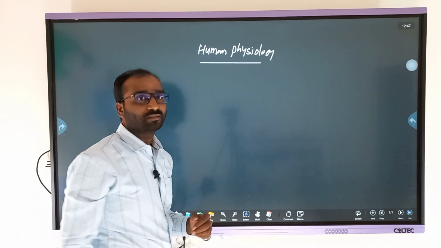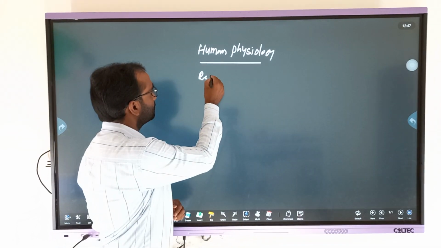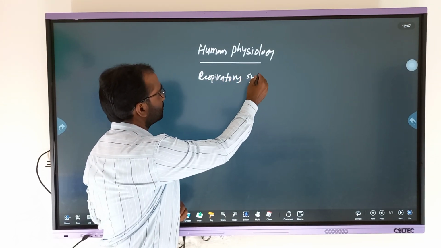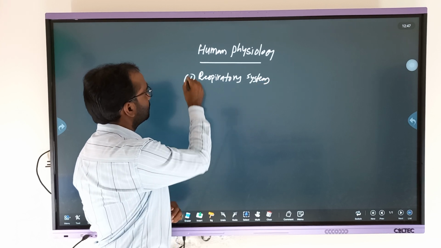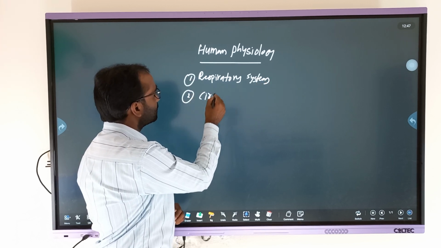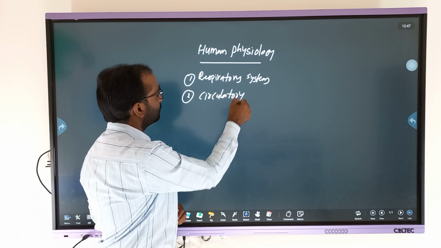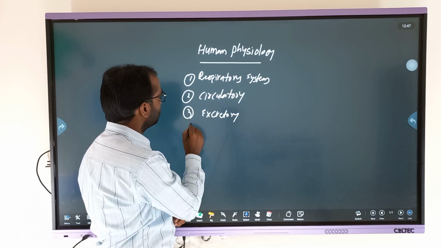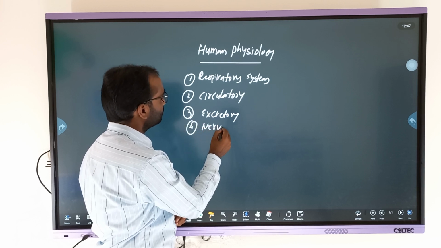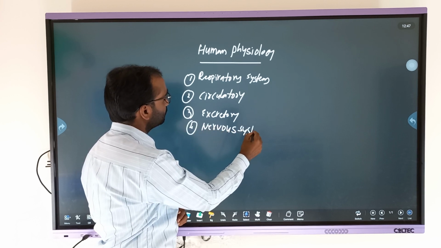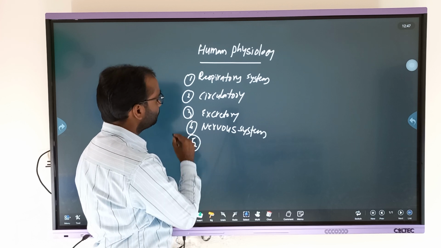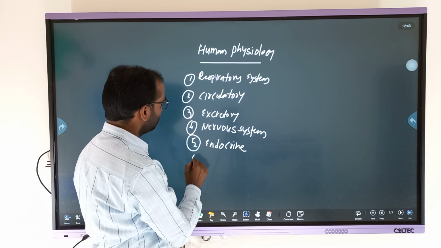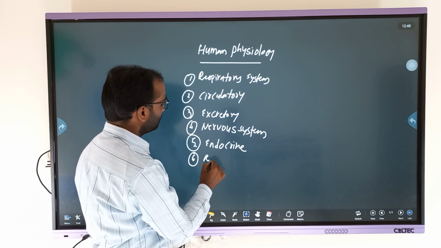we have respiratory system as per the need, circulatory system, excretion or excretory system, then nervous system, along with that endocrine system, reproductive system.